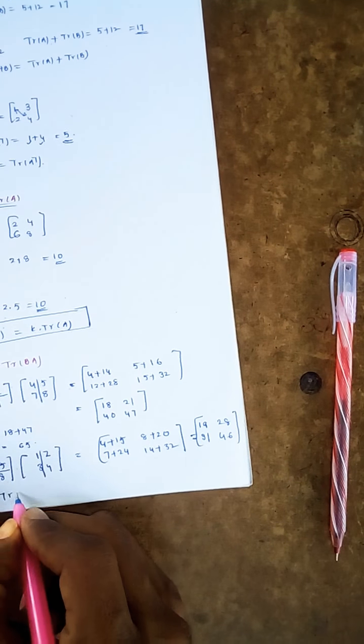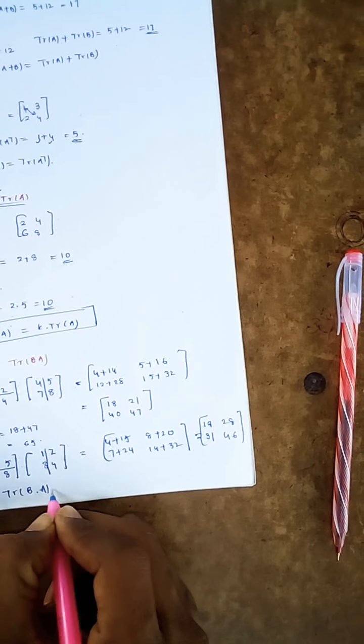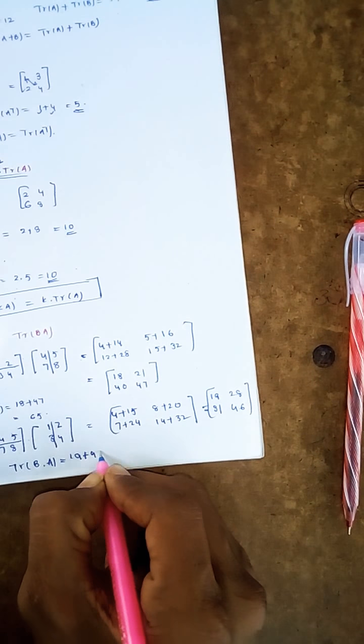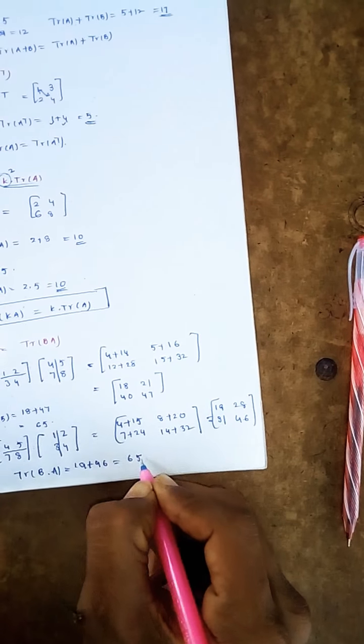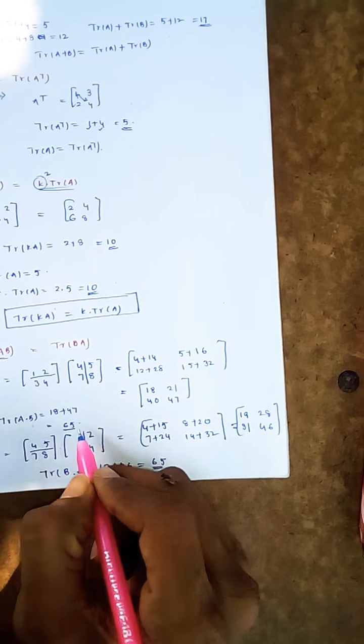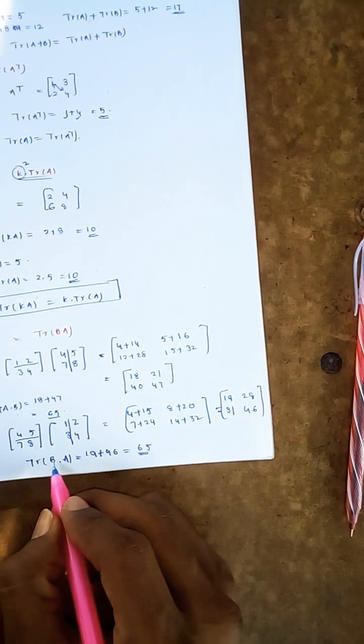Now trace of BA is equal to 19 plus 46, that is equal to 65. So as you can see from here, trace of AB is equal to trace of BA.